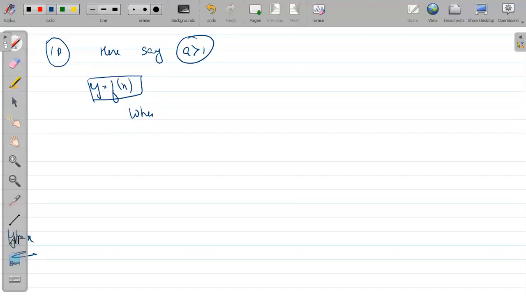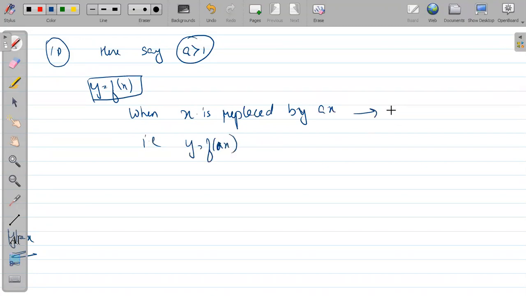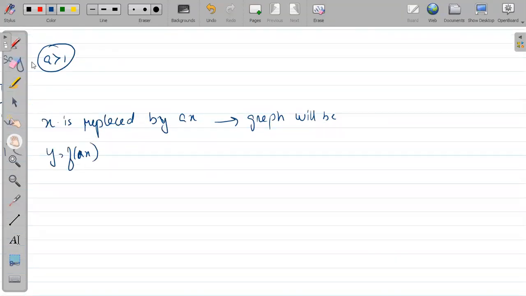When x is replaced by ax, where a is greater than 1, that is y equal to f of ax, the graph will be compressed horizontally, in the x direction.